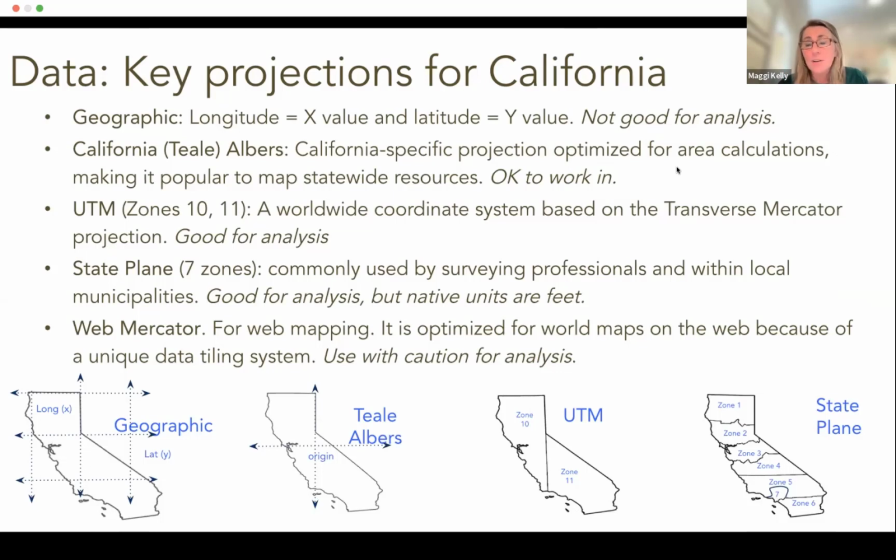And then the final one you're going to encounter is Web Mercator, which is optimized for web mapping. It's not ideal for analysis because it does some distortion as you get to larger scale. So those are what you're going to commonly encounter, and when this is of concern to you, you want to be working in Pro.